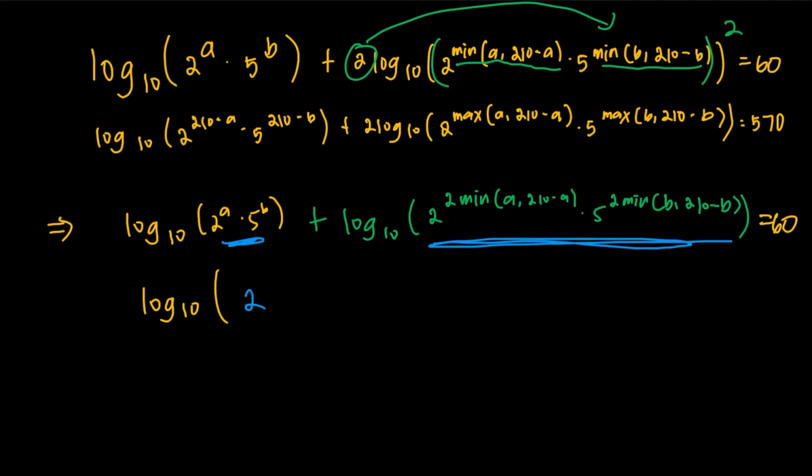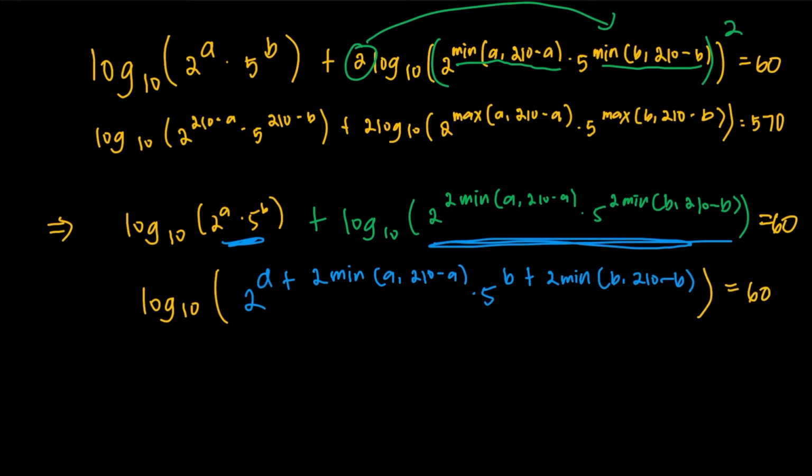So it's going to be 2 raised to a plus twice the minimum of a and 210 minus a, times 5 raised to b plus twice the minimum of b and 210 minus b. That's essentially the result. If I combine the two logarithms, that's going to be equal to 60.